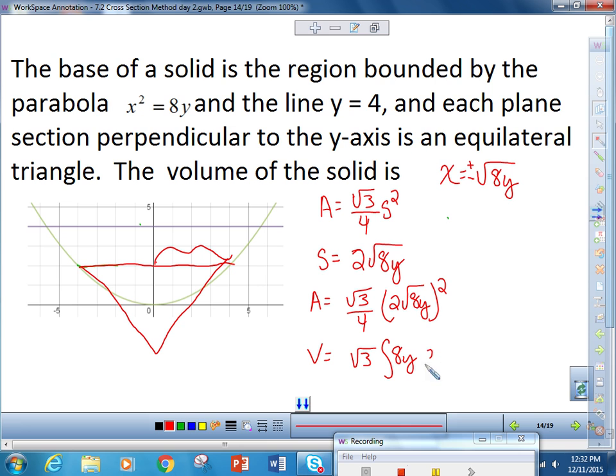And what am I integrating from? Okay, how did you get 0 to 4? Okay, because we're bounding it by 4, so we're going from 0 to 4. Did everybody get that? Yes? Okay. And the answer's on there. What is the answer?